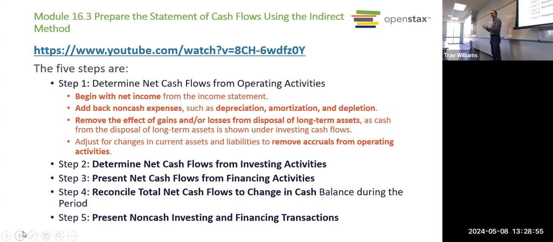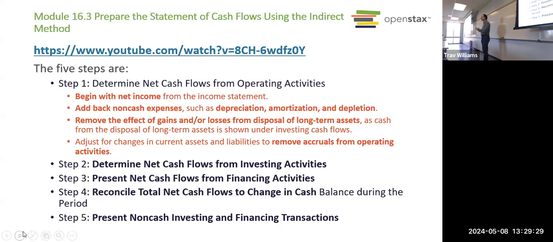I was saying this is kind of complicated. Okay, so again, with the indirect method or the operating section of the statement of cash flows, start with your net income, reverse any non-cash expenses, reverse any gains or losses, reverse any change in your current assets, and then also any changes in current liabilities affect cash in the same direction.